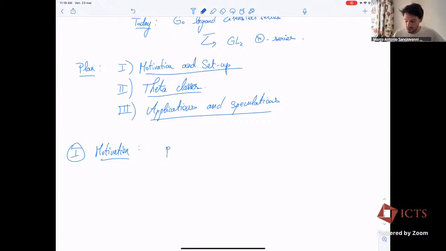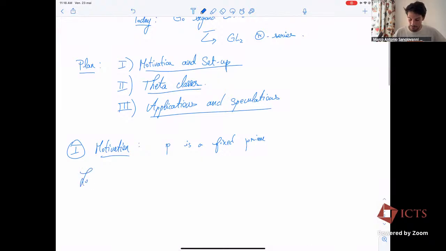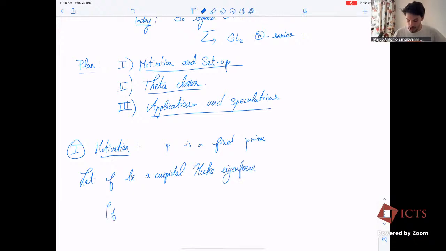So throughout p is a fixed prime. And now let me consider f a cuspidal Hecke eigenform. And I will denote by rho f the Galois representation attached to f by Eichler and Shimura.